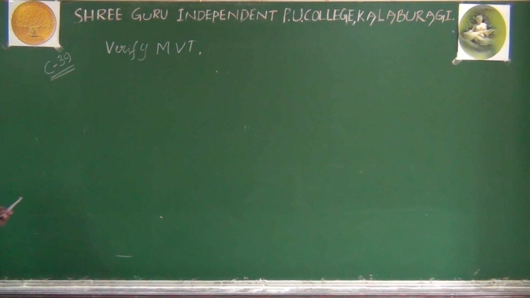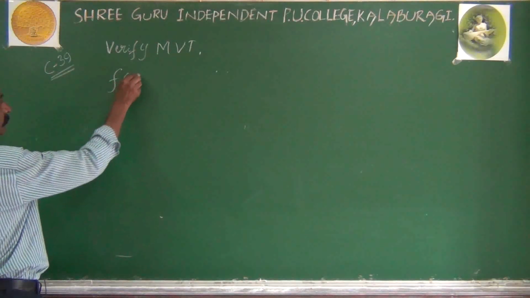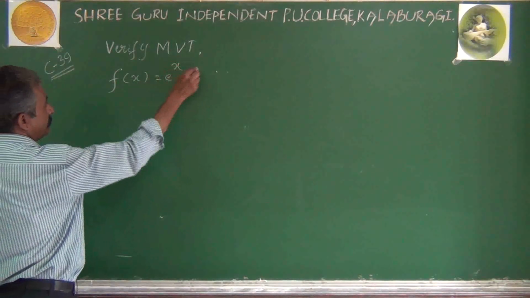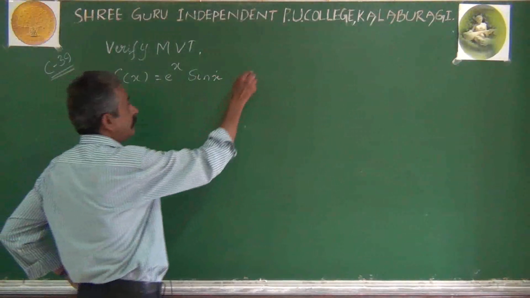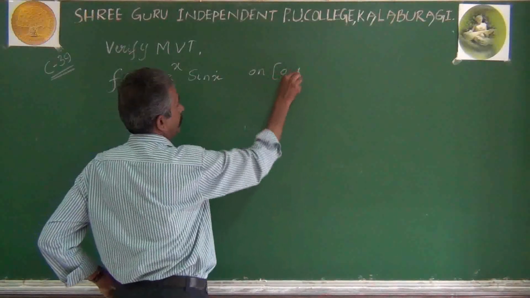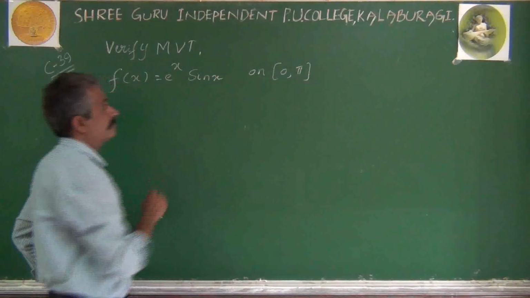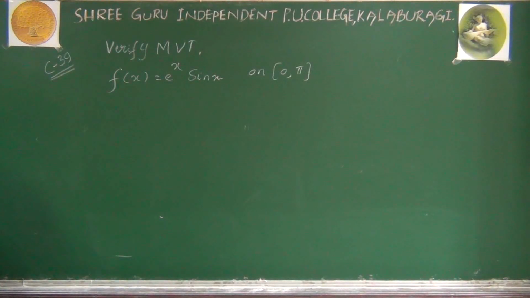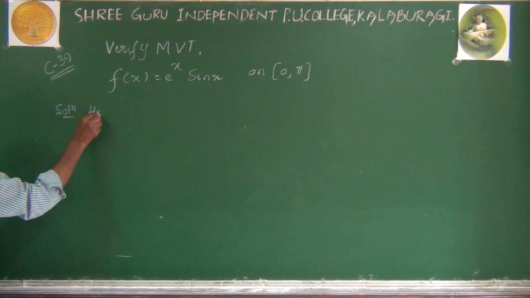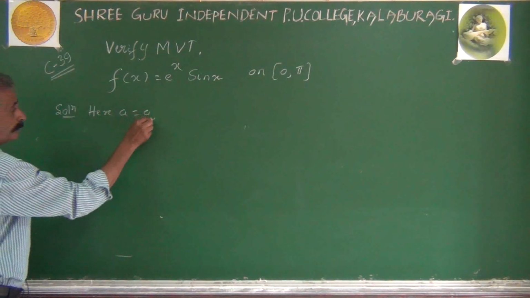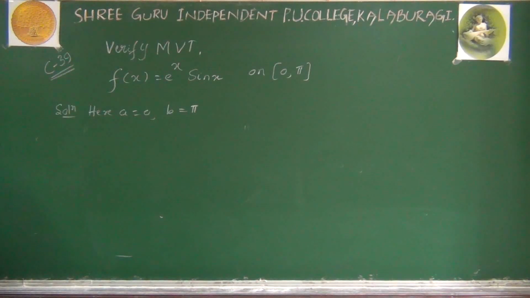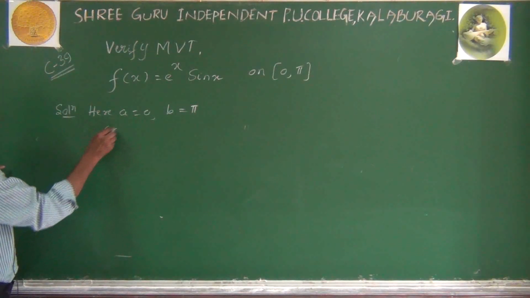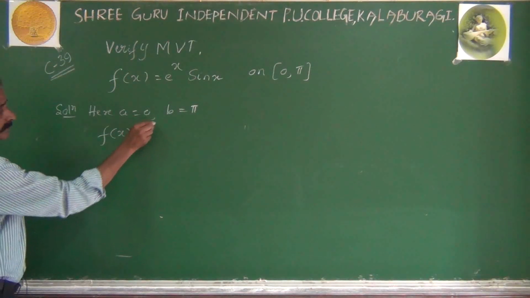Verify mean value theorem for the function f of x equals e raised to x into sin x on the interval 0 to pi. Here a equals 0, b equals pi, and at the same time f of x equals e power x into sin x.